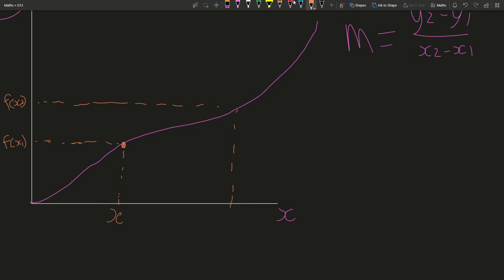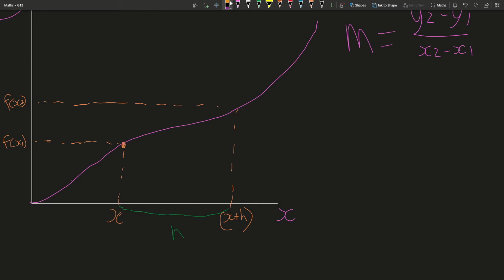Well, this point is the same as going from the start over there, you get to x, and then you add this bonus space over here. We're going to call this bonus space h. And so this new point is going to be x plus h.